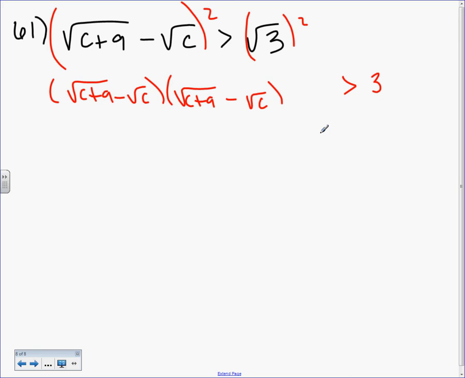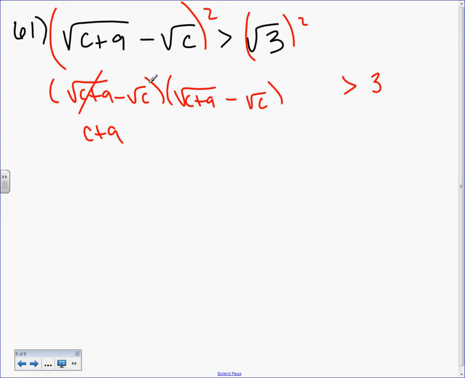All right? The shortcut is, you guys are still writing. Am I going too fast? Are you okay? Okay. The shortcut is, it's the same thing twice. So I'm going to take the first piece and square it. What do I get when I square that? Just C plus 9, right? So that part's taken care of, right? I like to jump to the last part because it's the same rule.